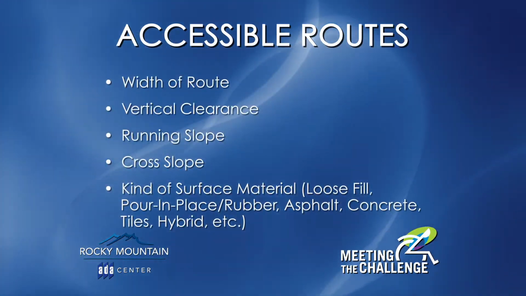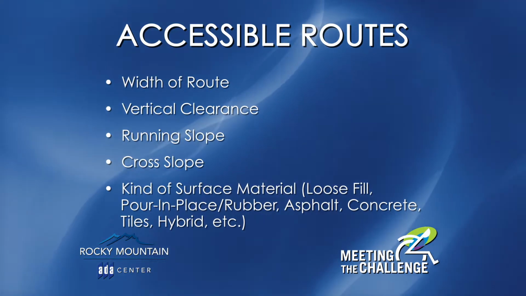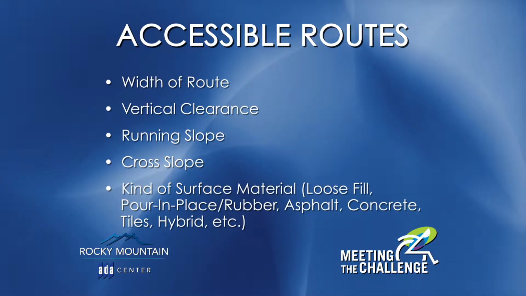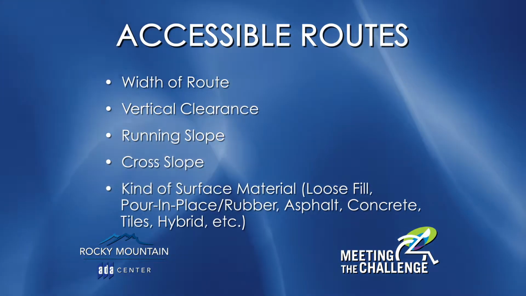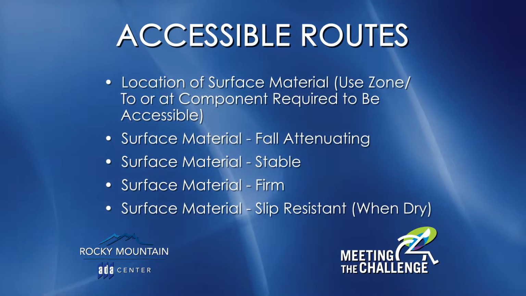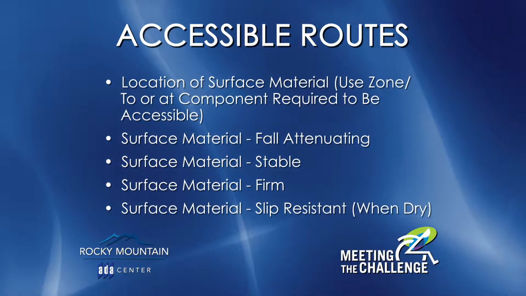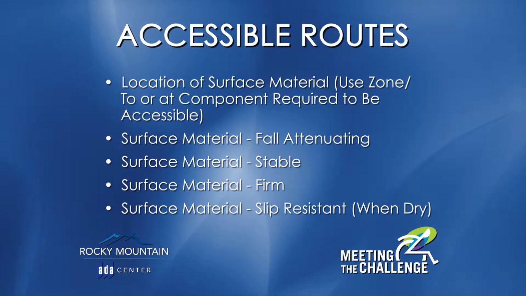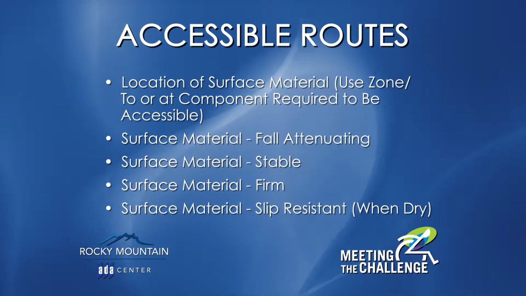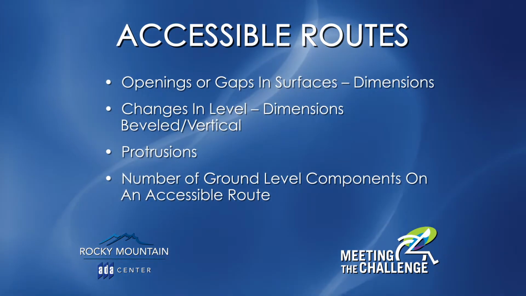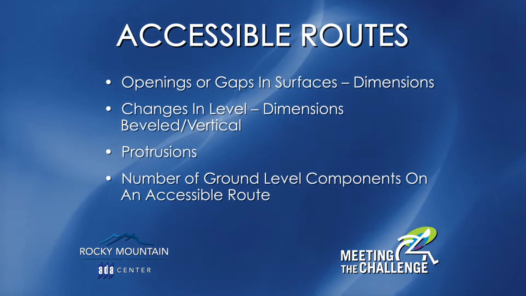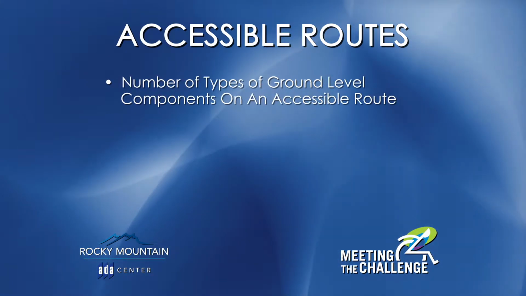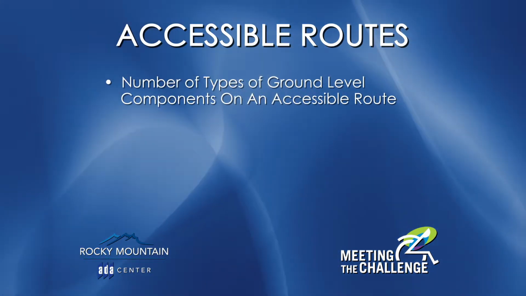Attributes that must be observed or measured to determine whether required accessible routes are present include width of route, vertical clearance, running slope, cross slope, kind of surface material, location of surface material, fall attenuating surface material, stable surface material, firm surface material, slip resistant surface material, openings or gaps in surfaces, changes in level, protrusions, number of ground level components on an accessible route, number of types of ground level components on an accessible route.